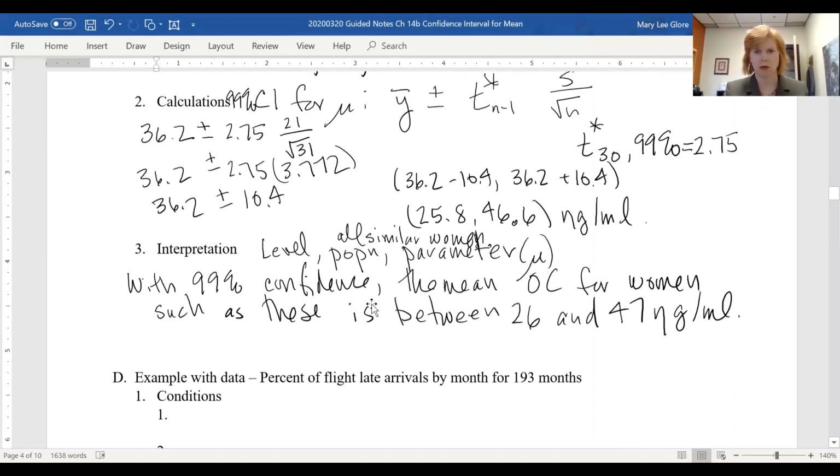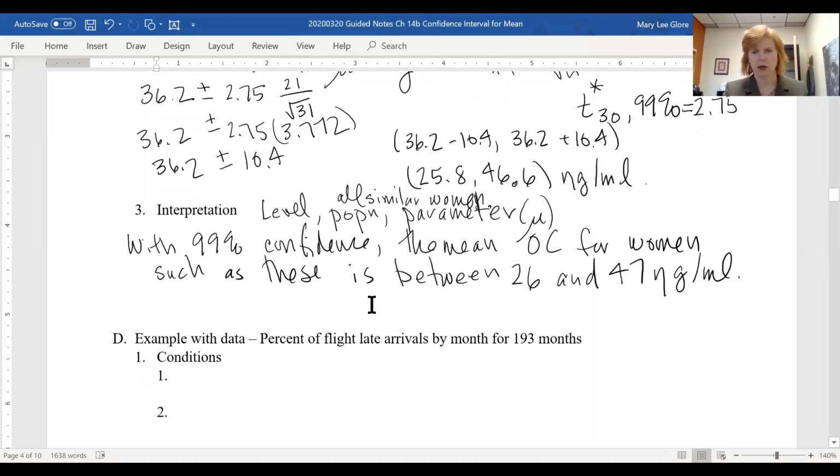Okay, so that's where we think mu is. Now, the reason we got to mention this confidence, we're not sure it's in there. We're just pretty sure it's in there. We're 99% confident that the average for all these women is in this interval.